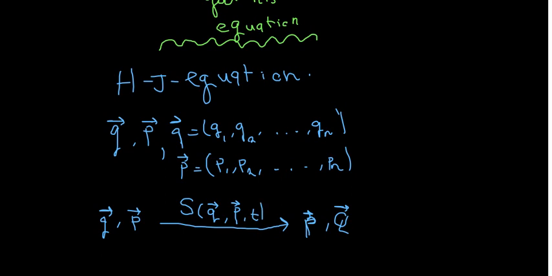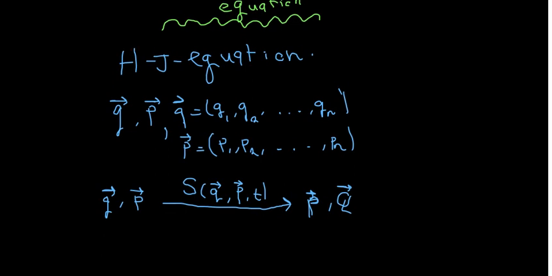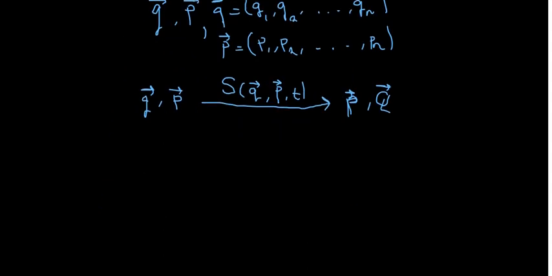So we carry out this transformation from the old canonical variables to the new canonical variables through this generating function S. It's called the generating function or the complete integral. And in future videos, you're gonna know that it's called the action function as well. So yeah, so far so good.